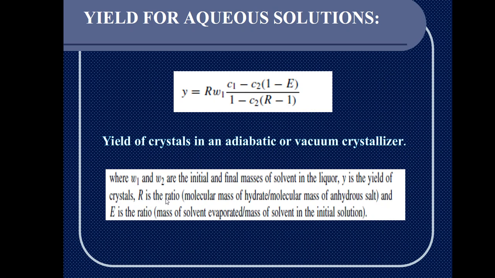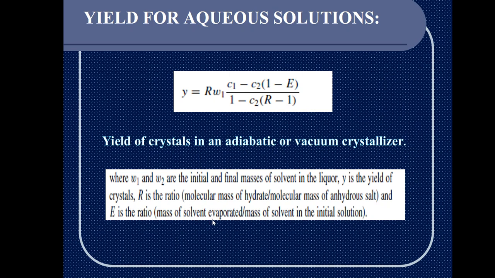R is the ratio of the molecular mass of the hydrate, that is the molecular mass of the crystal with the water, and the molecular mass of the dry solid. Molecular mass of the hydrate and the molecular mass of the dry solid or the anhydrous salt. And E is the ratio of the mass. So if R is the molecular mass ratio, E is the mass ratio.